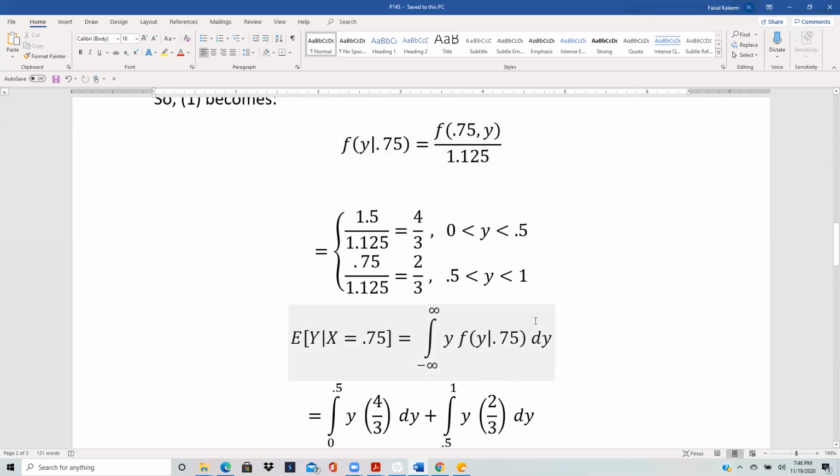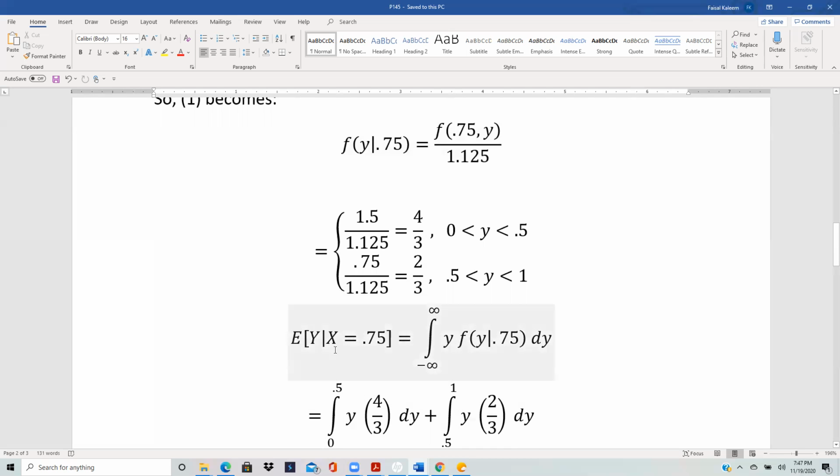Remember, in general, variance is the expected value of the squared variable minus the expected value of the variable whole squared, right? E of x squared minus E of x whole squared. In this case, since we need variance of y given x equals 0.75, we will need the expected value of y given x equals 0.75 and the expected value of y squared given x equals 0.75.